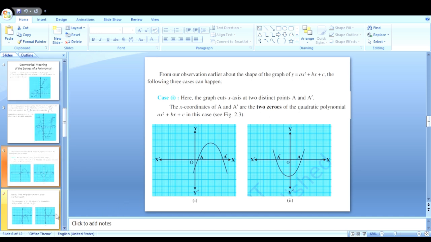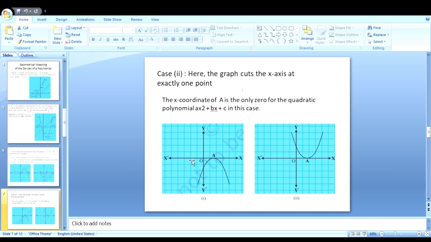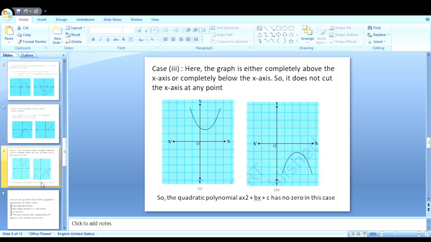In case 2 you have the same parabola touching the x-axis at 1 point, which indicates that you have 1 zero. Now you have the third case where the curve does not touch the x-axis, which indicates that there are no zeros in this case.